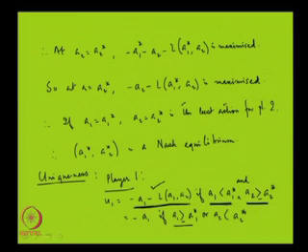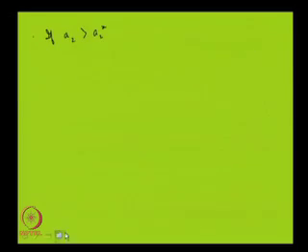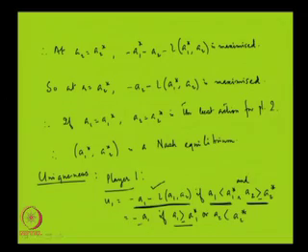That is being ruled out. So, if A2 is greater than A2 star, A1 cannot be more than A1 star, because if it is more than A1 star, this becomes operative, in which case the optimal action for player 1 is A1 star.